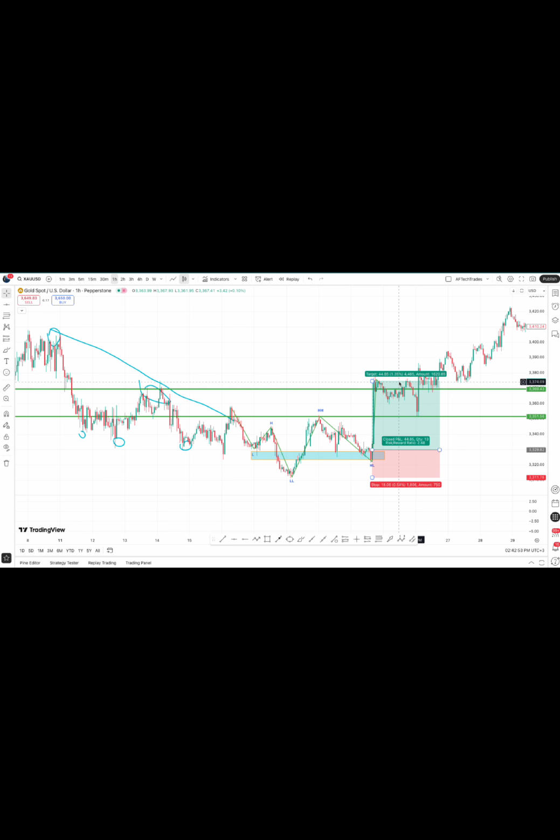You are creating a very long SL for yourself, which is not good risk management. Let's say your SL is supposed to be around this zone, right? But because you entered late, you entered the trade maybe around this zone, and there's a pullback.